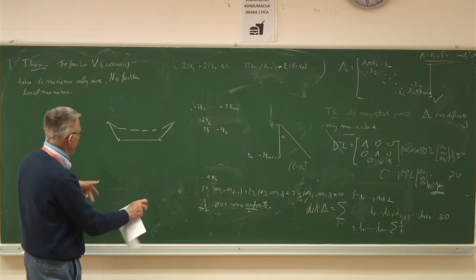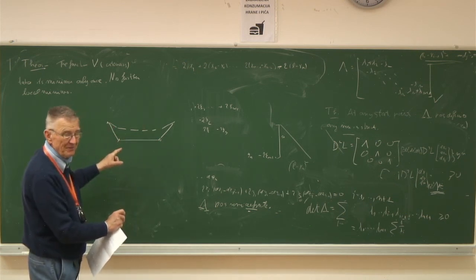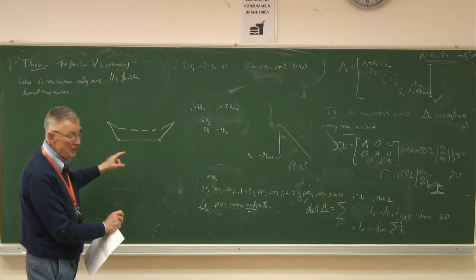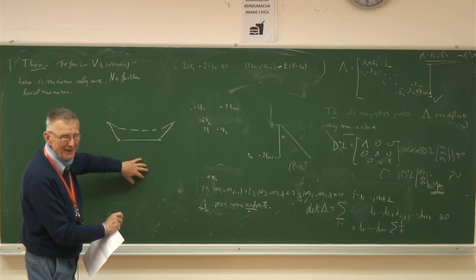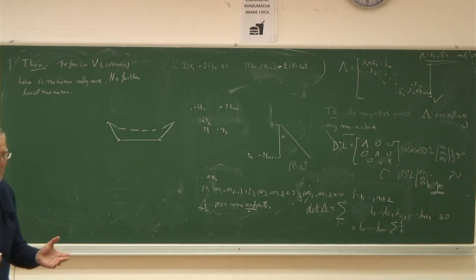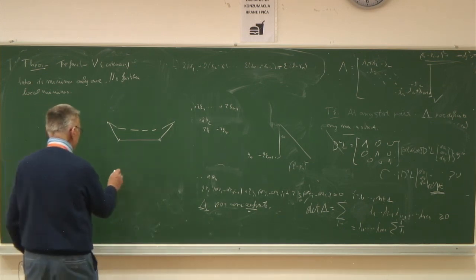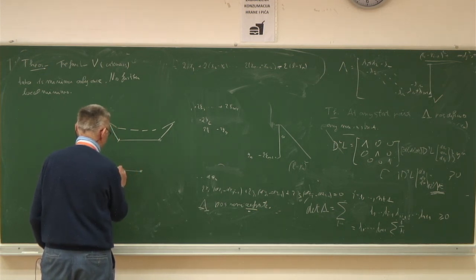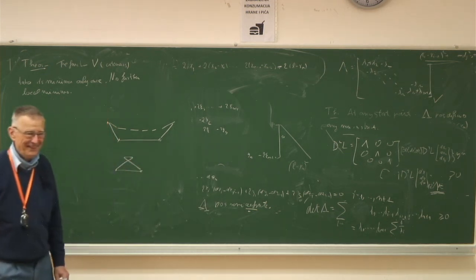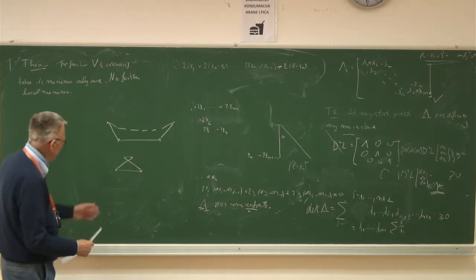It cannot slip down because this length will not allow it. It would in the space, down there, but not in the plane. So the situation in the plane may allow for more local minima. The simplest of them is this one. It's not physical, but it's simple.